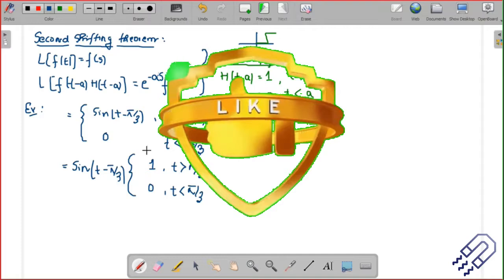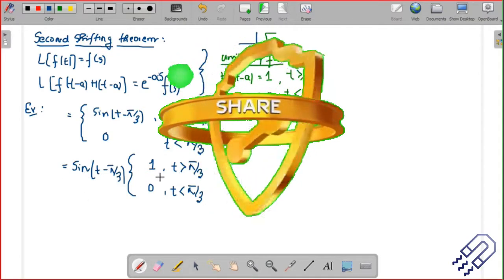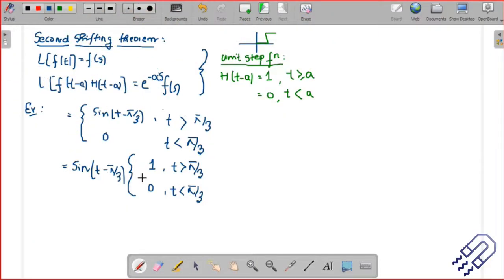Anything multiplied by 0 remains 0, and anything multiplied by 1 gives this term. You see, this particular part is actually a step function. So you have a product of two functions here: one is sine of t minus pi by 3, and the other is the step function. This part can be written as h of t minus pi by 3. If you plot a graph, you'll get it in the form of a step. That's why it's a step function.